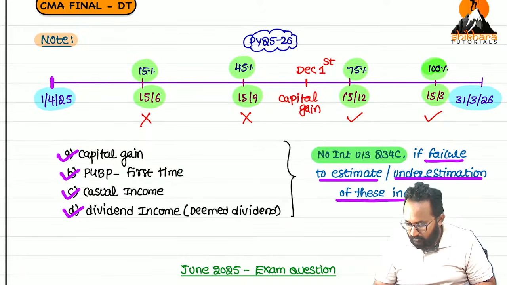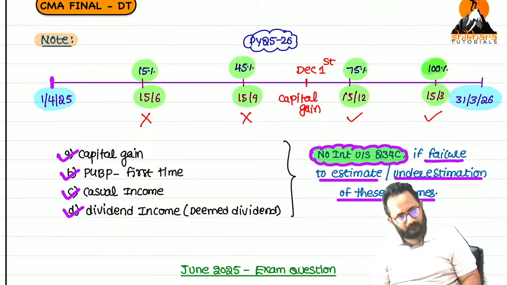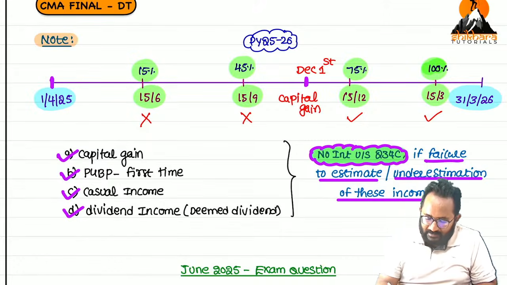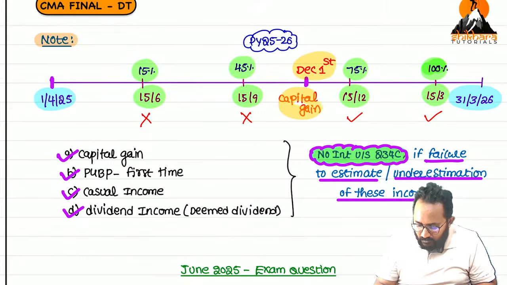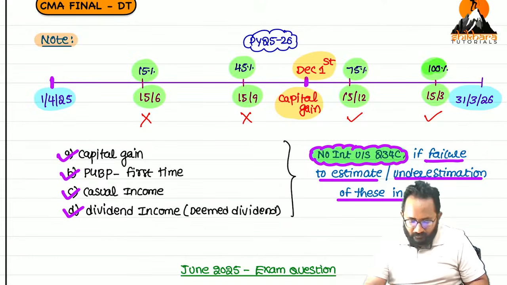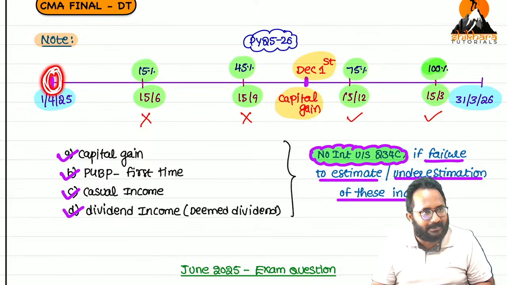So that's why the department is saying that if you fail to estimate, or you estimated but underestimation is done, then in these cases there is no need to calculate interest under which section? 234C. For example, I got the capital gain in December. But on the first day of the previous year, I am unable to estimate the capital gain income.